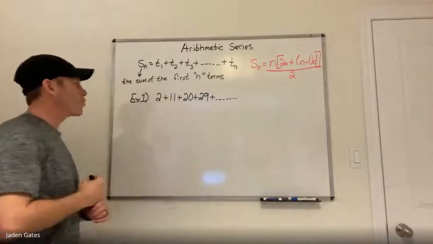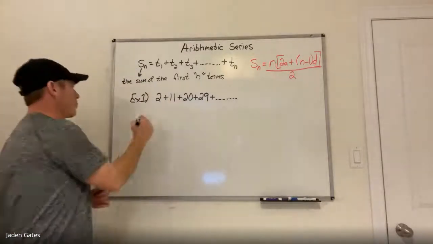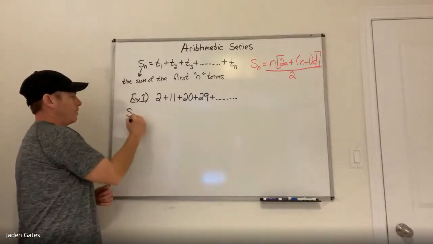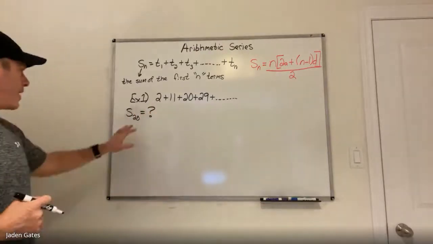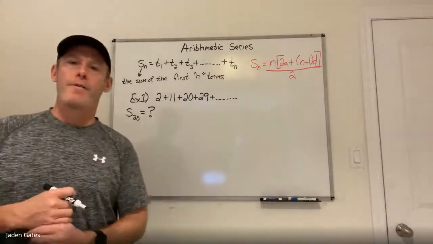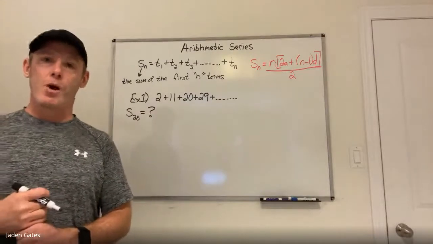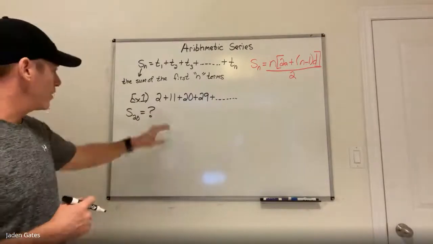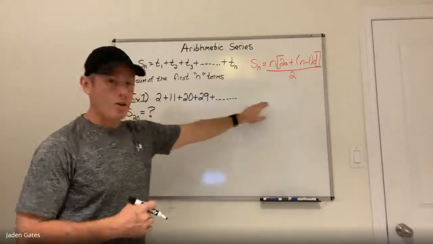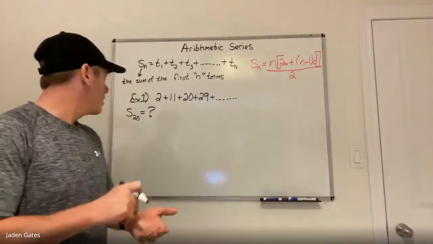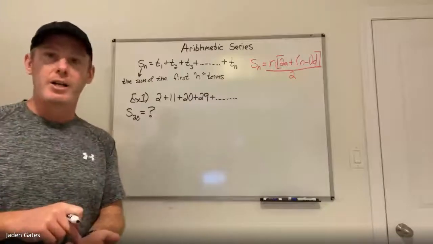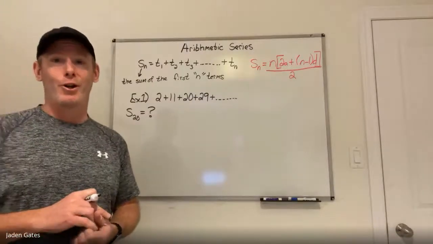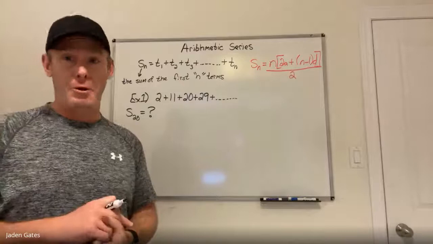And what we are trying to find out is S of 20. Now, what that S of 20 means is we want to find the sum of the first 20 numbers. And here's what we don't want to do: keep writing out 20 terms and then get the calculator out going 2 plus 11 plus 20 plus 29. That could get pretty long, especially if you're adding up like 300 numbers.